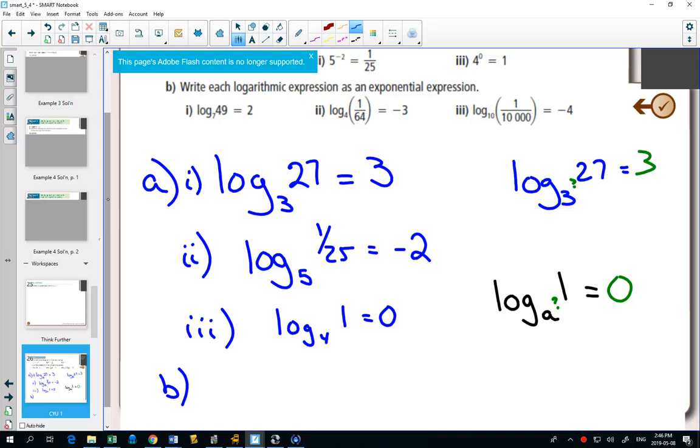When you see it that way, your gut probably doesn't go, oh yeah, that makes total sense. But if I wrote it in exponential form, the base is 7, the exponent is 2, is equal to 49. When you see 7 squared equals 49, does your gut say right away, yeah, that's right? Okay? But we're not there yet with logarithms.